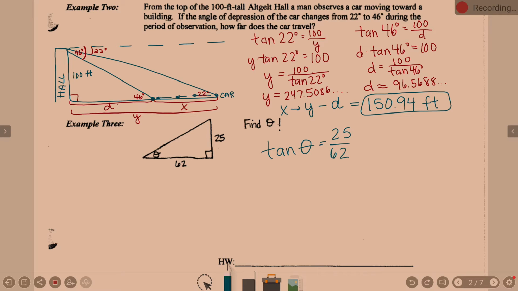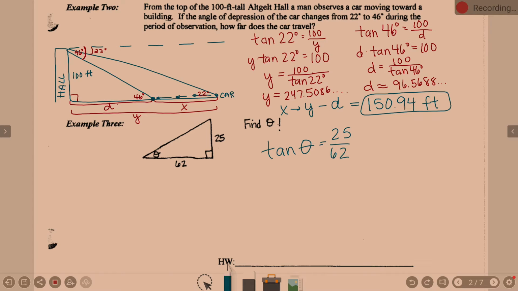How do I find theta? Bringing in tangent inverse. What allows us to switch our input and output? Tangent inverse.